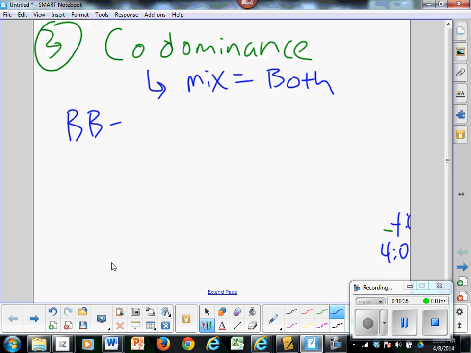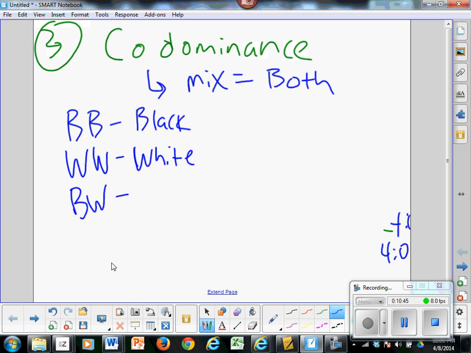All right, so this time, let's say we have chickens. We have black chickens. We have white chickens. And this time when we have the BW, we're not going to get a gray chicken. We don't see gray chickens. We'll see black and white chickens. All right.